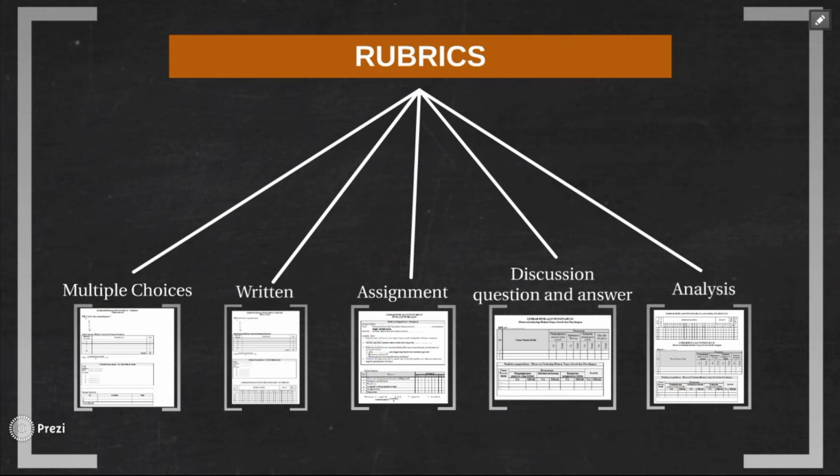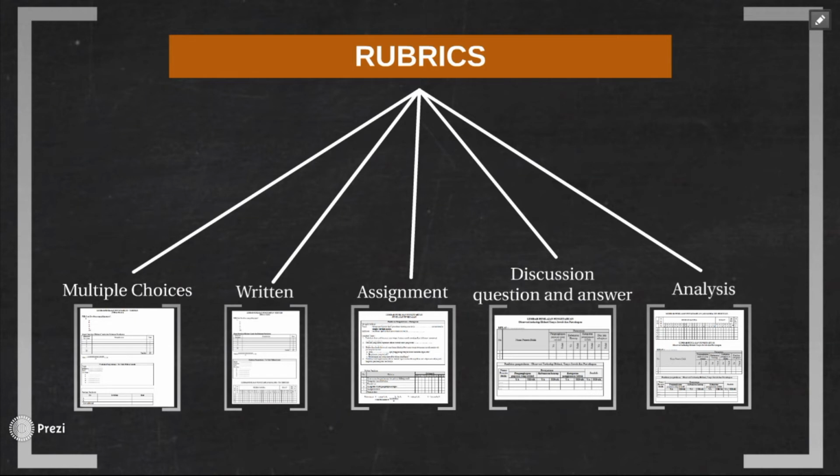Rubrics are various. It can be multiple choice questions or it can be a written task done by the student, and it can also be an assignment given to the student.